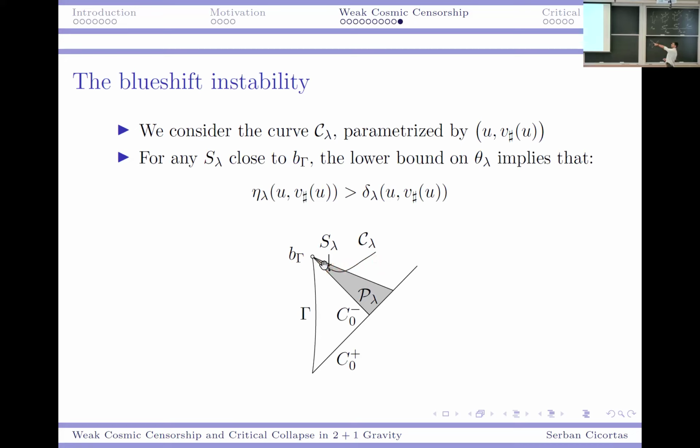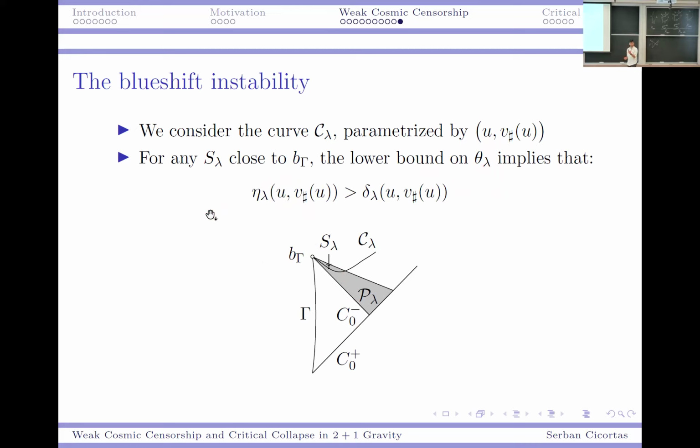Yeah, I take any sphere on this curve, and I have lower bounds on the L2 norm of theta lambda in this tiny, tiny region here. So this is an annular region, right? Those I have by the blue shift instability. My blue shift instability took my perturbation, and by the time I got here, it made it very, very large. Okay, but having lower bounds on theta lambda then implies lower bounds on the eta that I defined before.